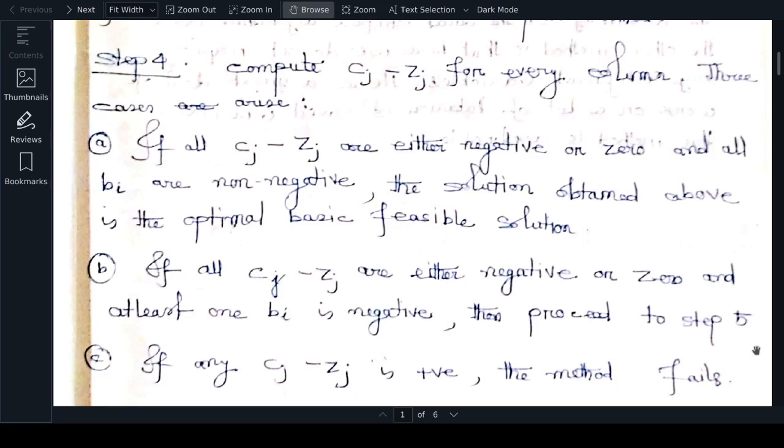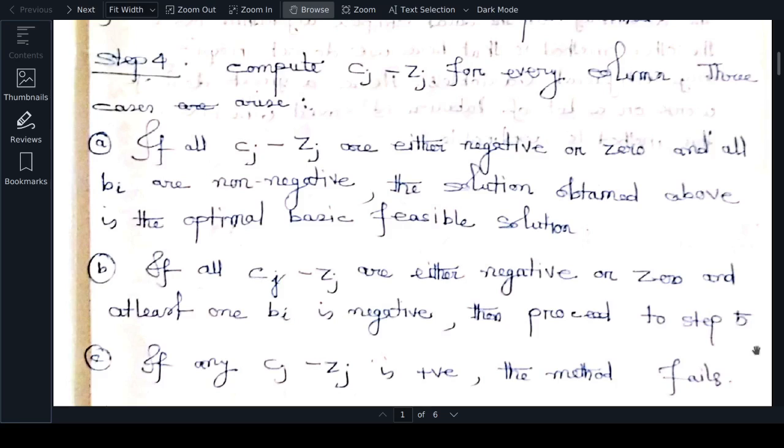Means if all our delta j values, Cj minus Zj, are either negative or zero, and all XB values are non-negative, this may be zero or positive, means should be non-negative, the solution obtained above is the optimal basic feasible solution. Then we call this case the optimal basic feasible solution.